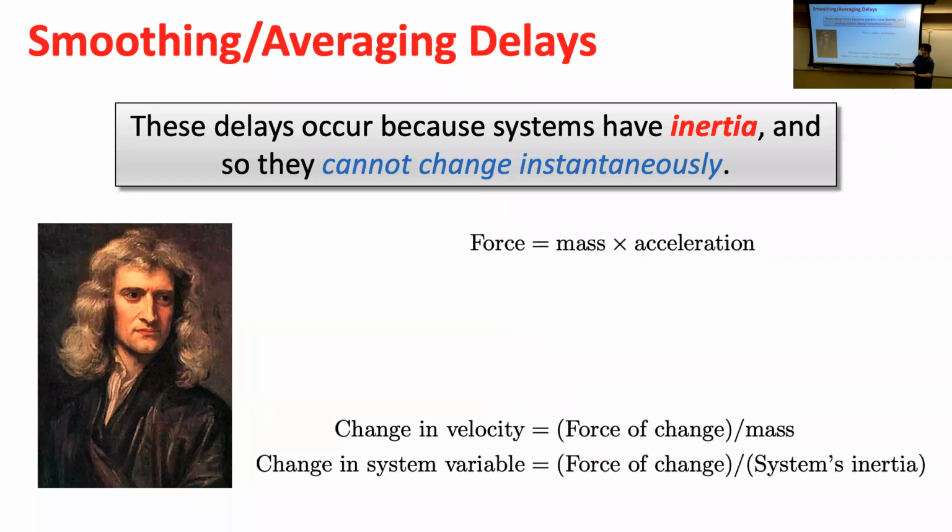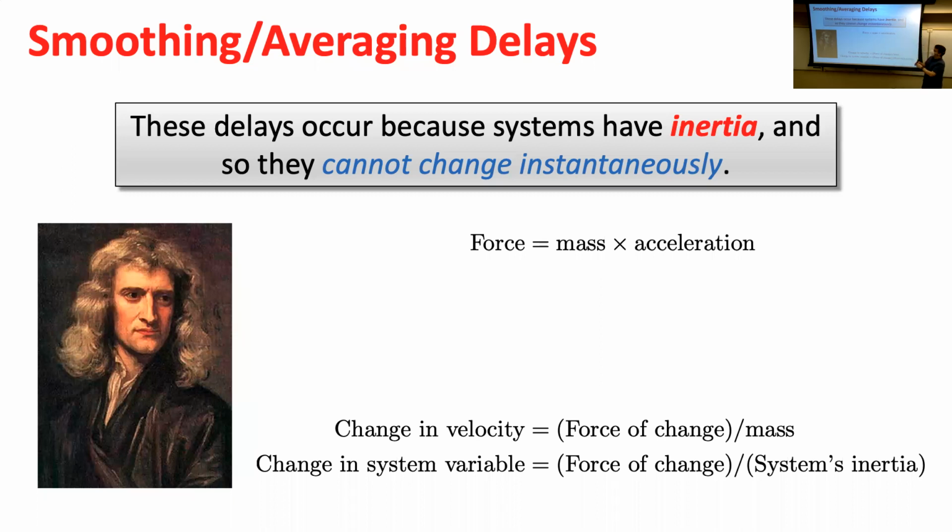And I can say more generically, the change in a system variable is the force of that change divided by the system's inertia. We will often talk abstractly about systems that have lots of inertia, even if they're not physical systems. If someone's really stubborn and they don't want to adopt a new idea, we might say there's a lot of inertia, which means you need to apply a whole lot of force to convince someone to change their mind.